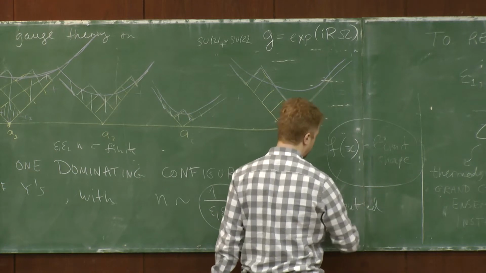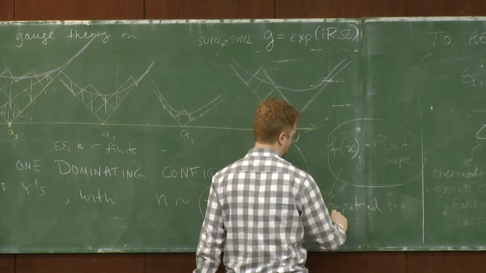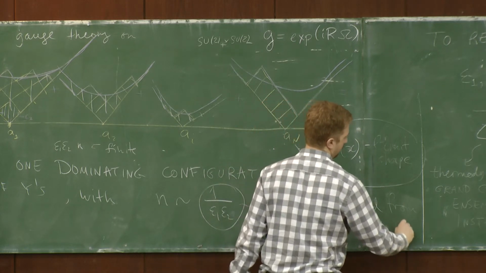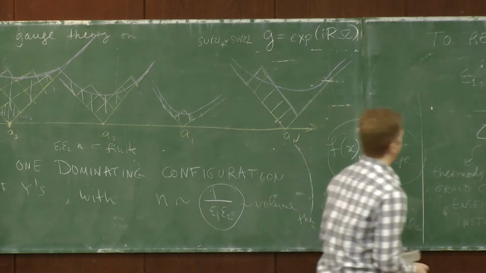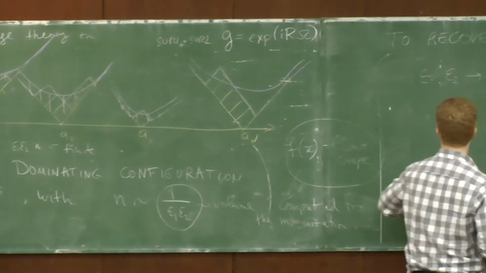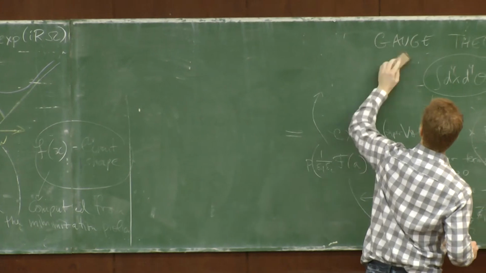So there is some minimization problem. And you solve this minimization problem by techniques which are sort of similar to the techniques you use to solve the matrix models in the large n limit.